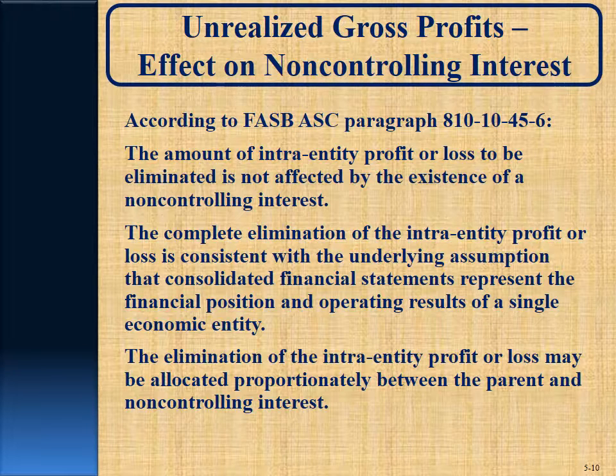If the parent sells, and this is on the third paragraph down, if a transfer is downstream, a logical view would seem to be that the unrealized gross profit is that of the parent company. The parent company does not have a non-controlling interest. So eliminate all the profit, the gross profit, assuming the inventory is still at the subsidiary.